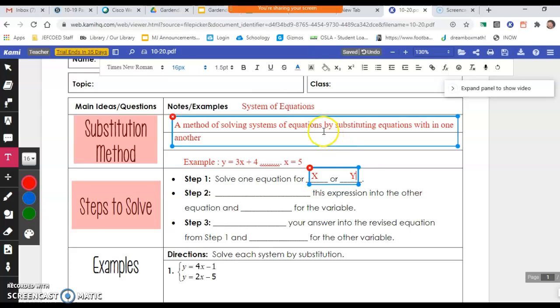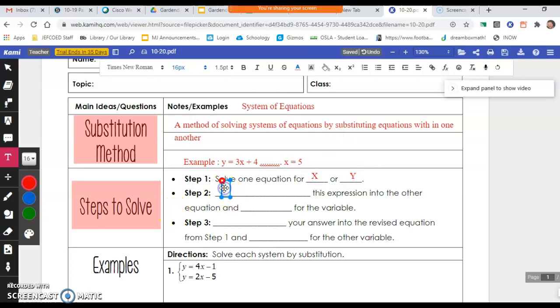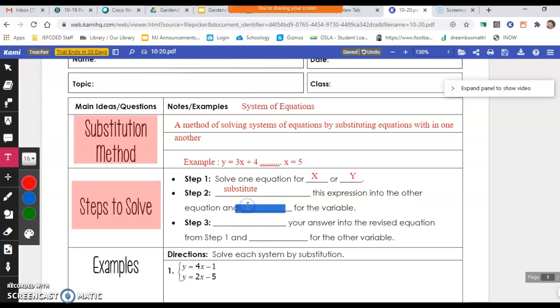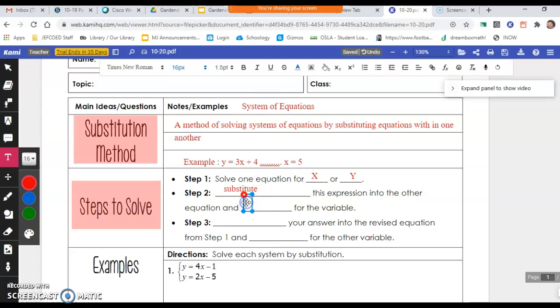Step 2 is you're going to substitute this expression into the other equation and solve for the variable.